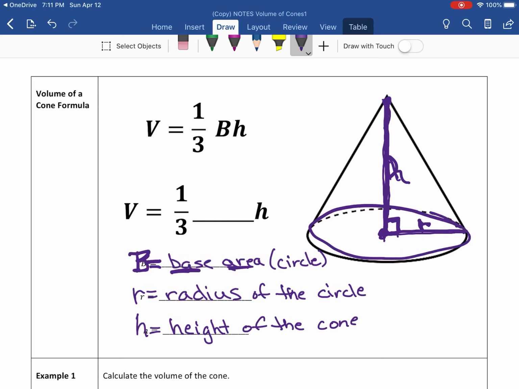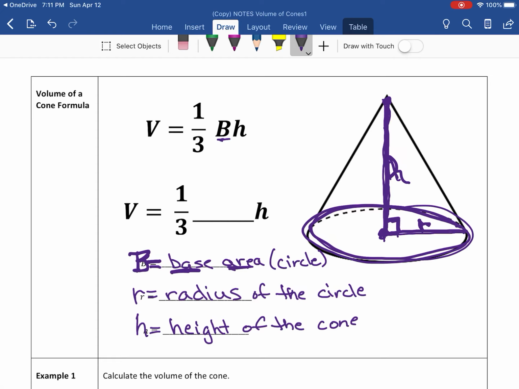So you find the area of your entire base, all right? But in this case, we only have one. We don't have another one up here to connect it to. We don't have two of them like in the cylinder. So we just have the one base, and then the base area times the height.